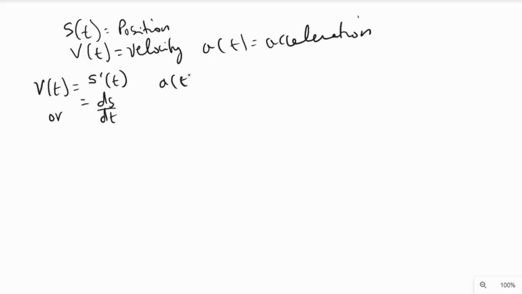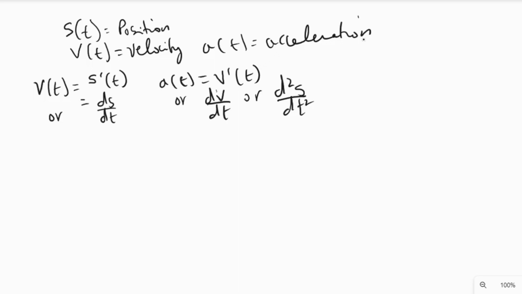Acceleration is the derivative of velocity, so v prime of t, or dv/dt, or the second derivative of position, which we write as d2s/dt squared. So acceleration is the second derivative of position.